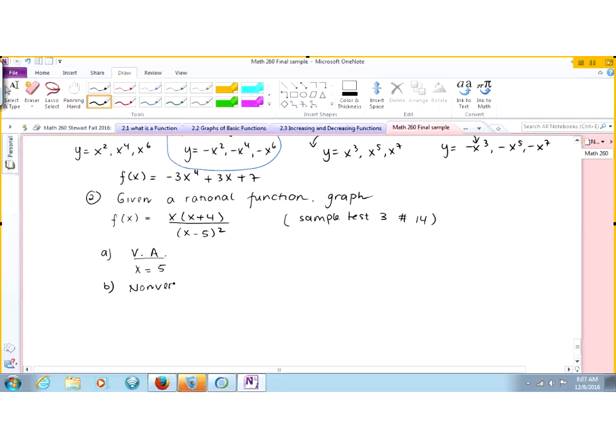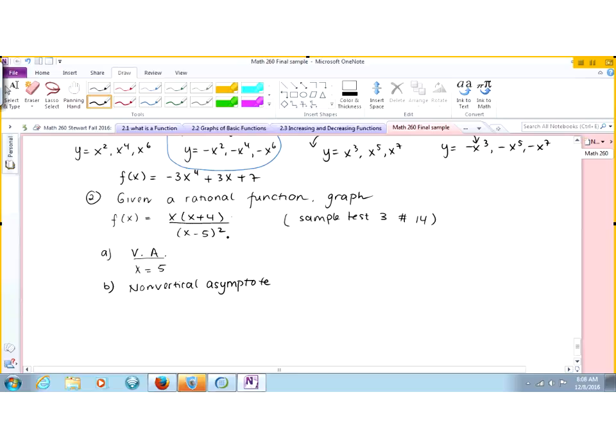Okay. Now what about the non-vertical asymptote? All right. So how do we get the non-vertical asymptote? It's based on what? There are 4 cases, isn't it? Okay. So which case is this? Case 2.